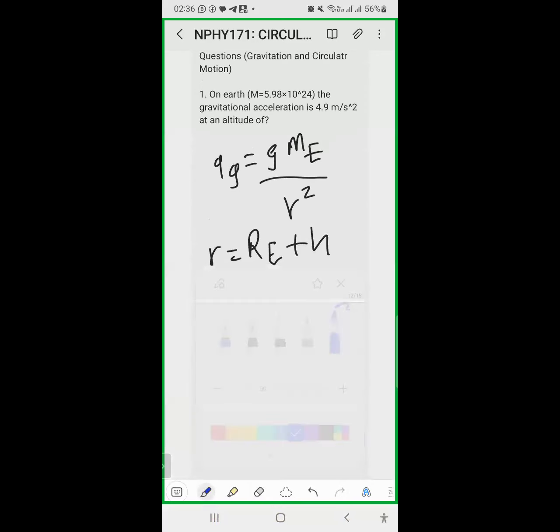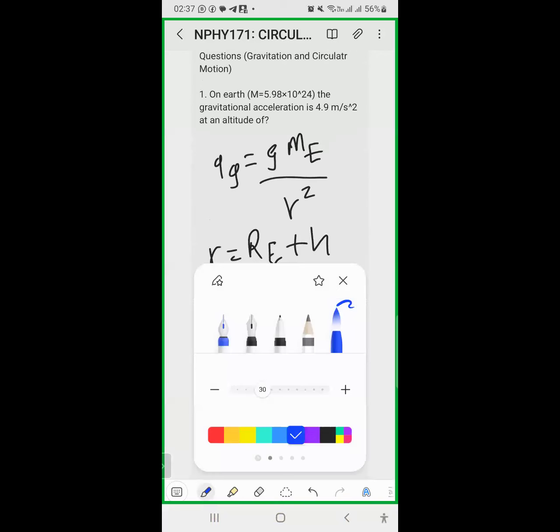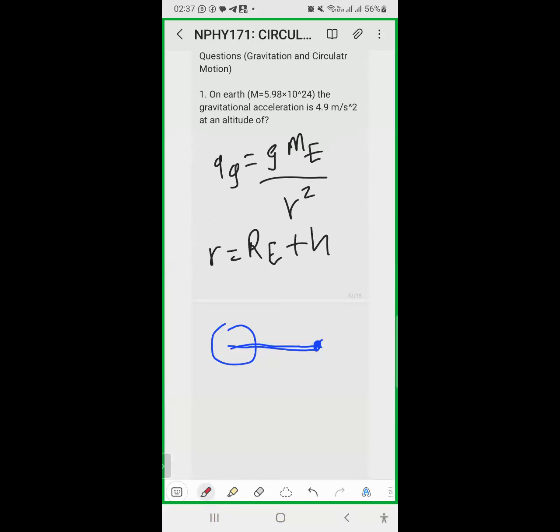So pictorially, we can say this is the Earth and this is the particle that we are talking about. So this distance from the center of the Earth, we know, will be the radius of the Earth. Then this is the h, which is the altitude, the distance from here to there.